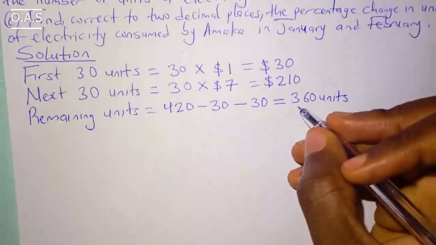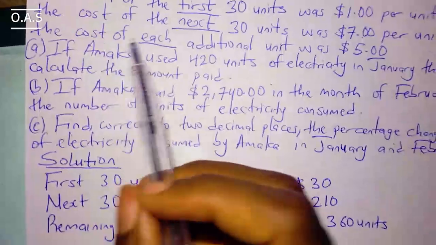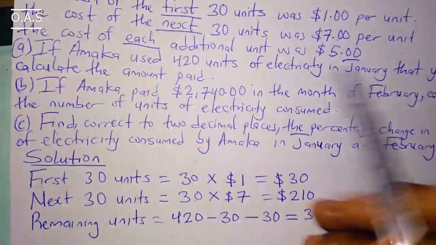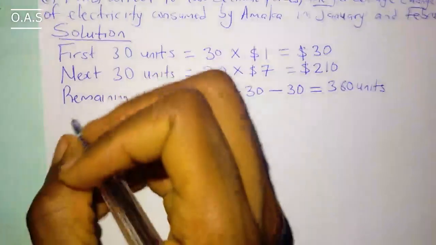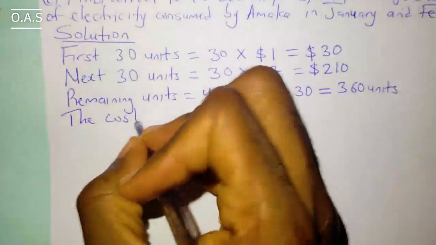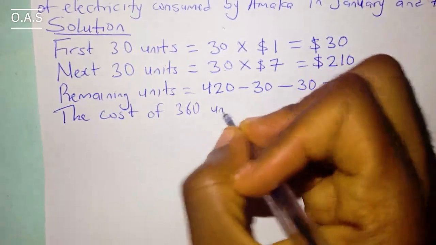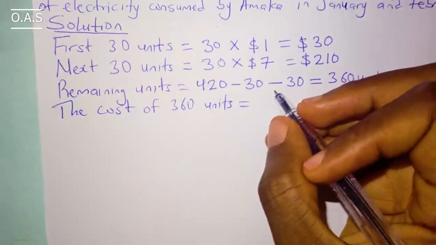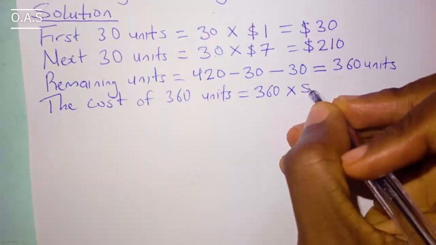So these 360 units will now follow the third condition: the cost of each additional unit after the first 60 will be charged at $5 per unit. So how much will be charged for the 360 units? Therefore, the cost of 360 units is going to be equal to 360 multiplied by $5.